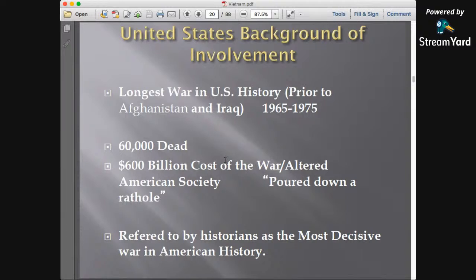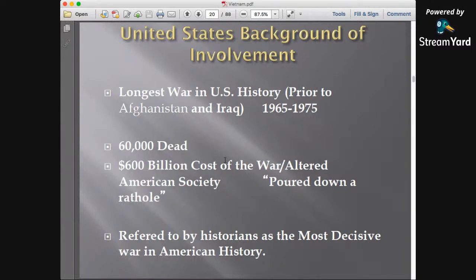Nearly 60,000, this is an estimated version, it's more like 58,362, but 60,000 would be our number of Americans dead. $600 billion would be the cost of the war. And if you look at a thing called inflation in today's situation, it's in the trillions.